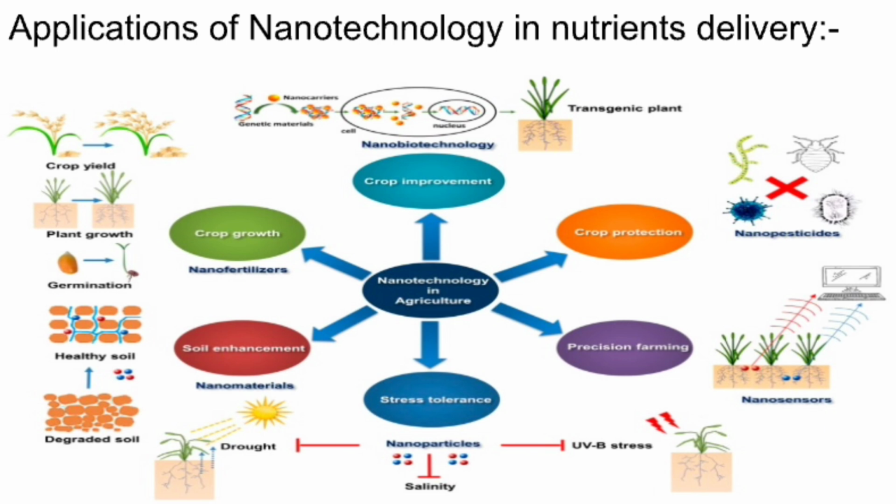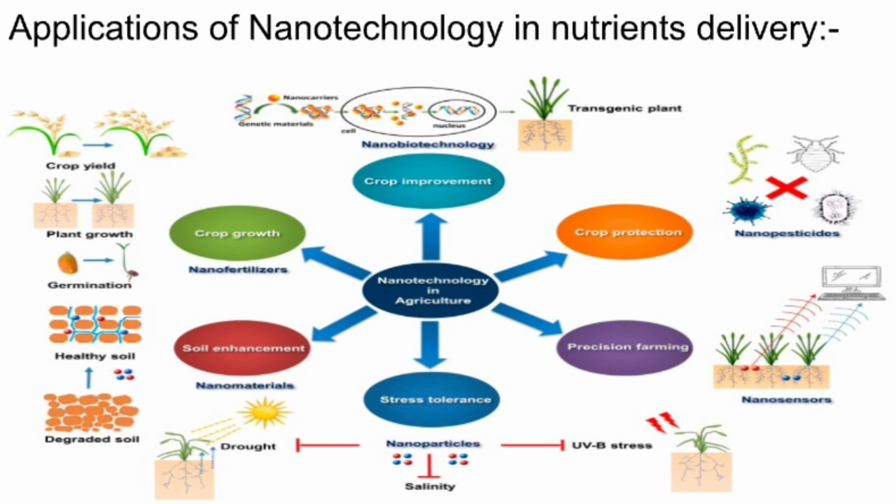Next is soil enhancement. It also increases the structure and fertility of the soil. By using nano fertilizers, it is helpful in increasing the fertility and structure of the soil. Also, nanoparticles help in plant growth.